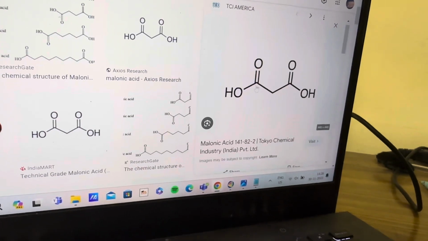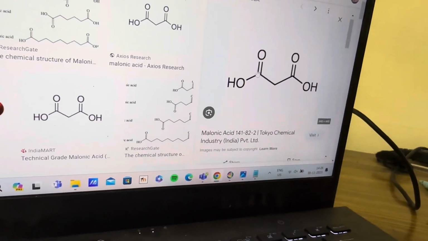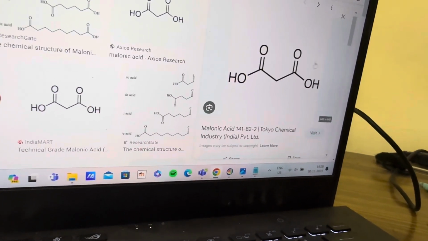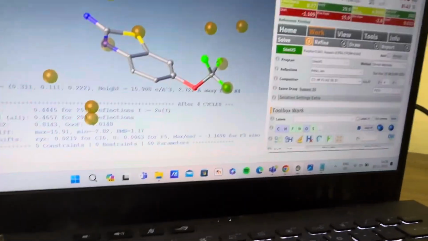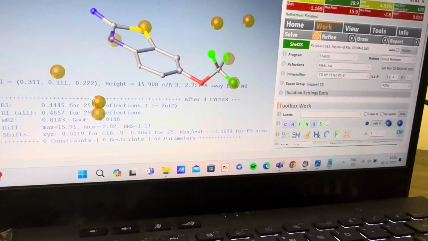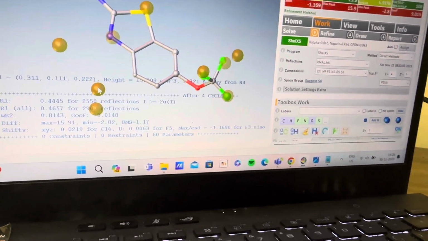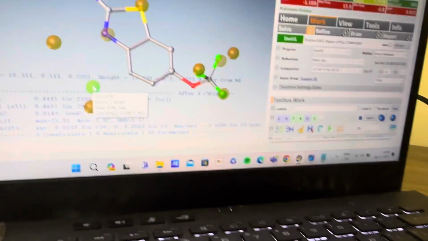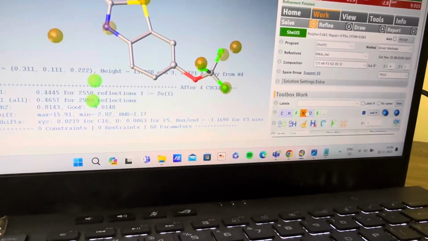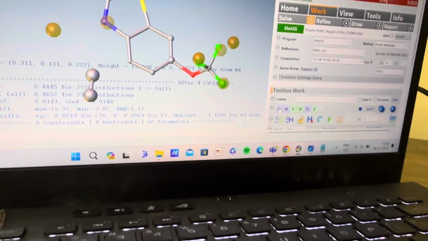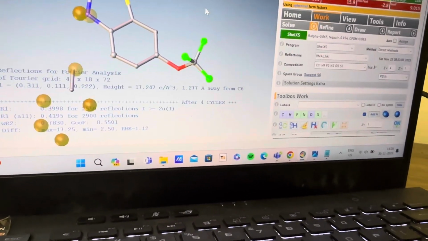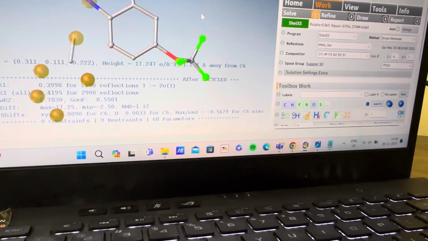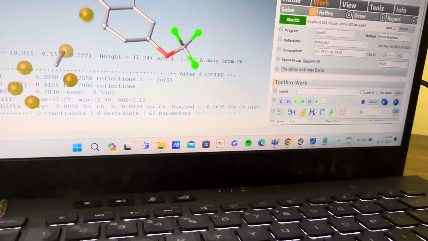We have 3 carbons, and there is a COOH group attached to both ends. We have 3 carbons in total. Now what I can do here is randomly name 2 of the atoms which are nearby as carbon, and refine this and see what we get.